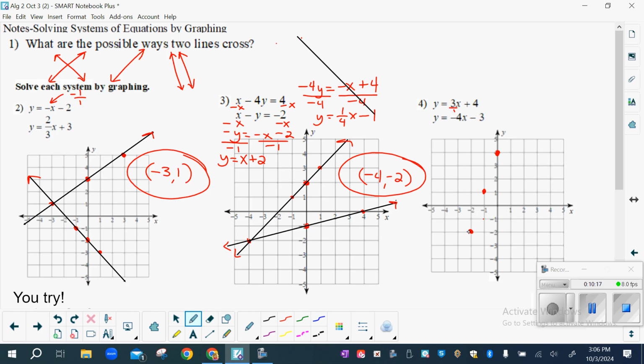So there's one line, and then the other line starts at -3.